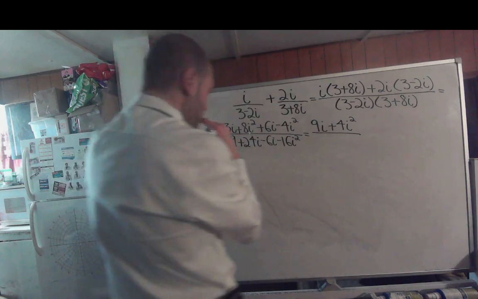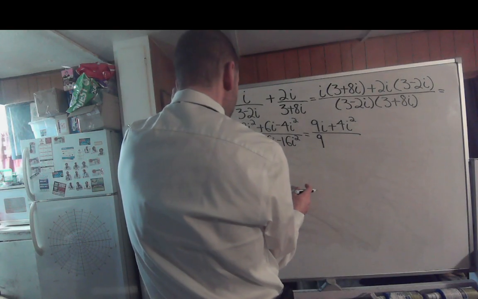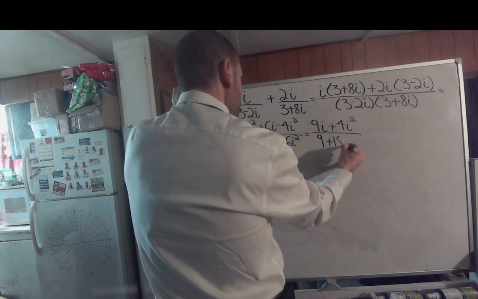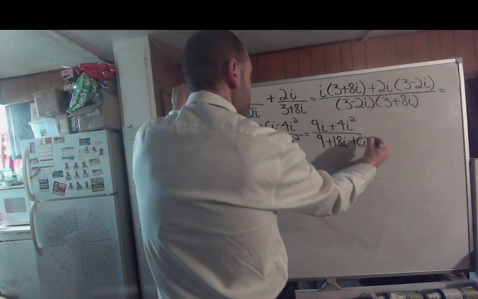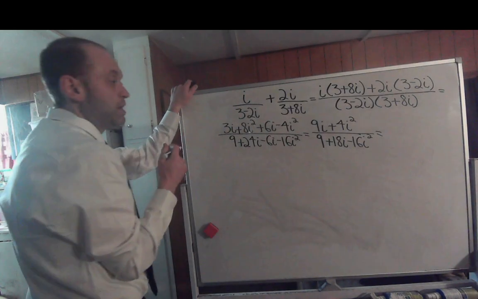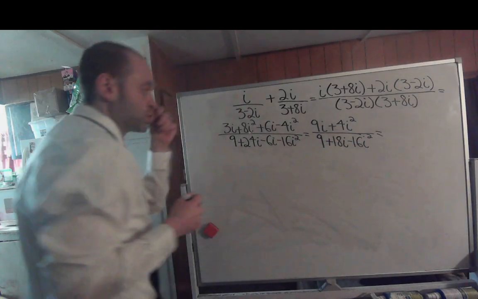all over 9 plus 18i minus 16i squared. All right, well, in each the numerator and denominator we have to deal with the i squareds, don't we?